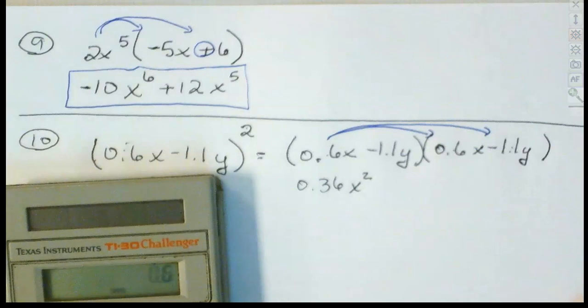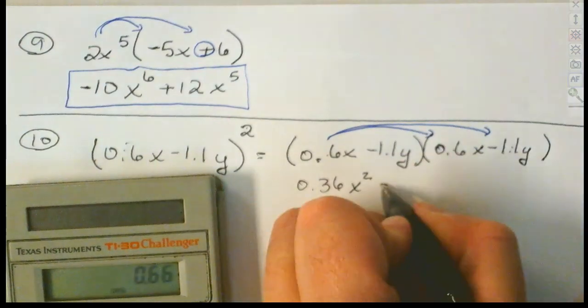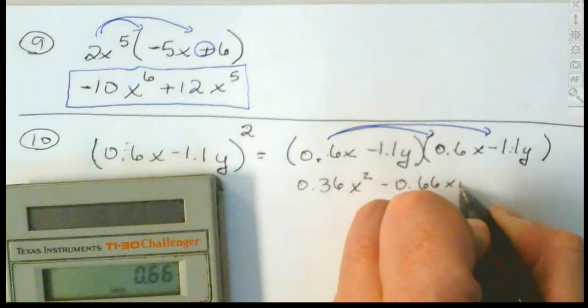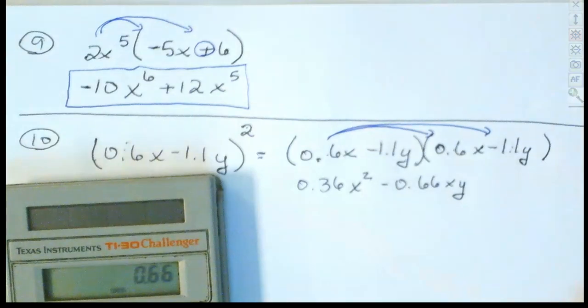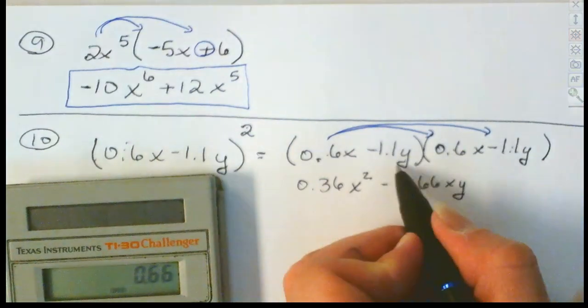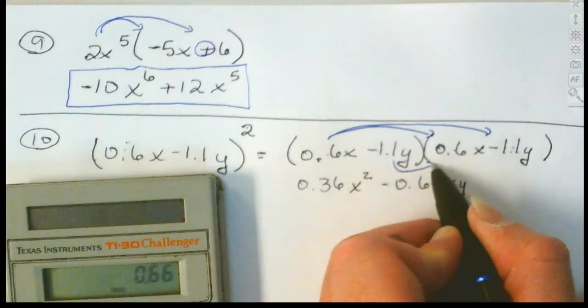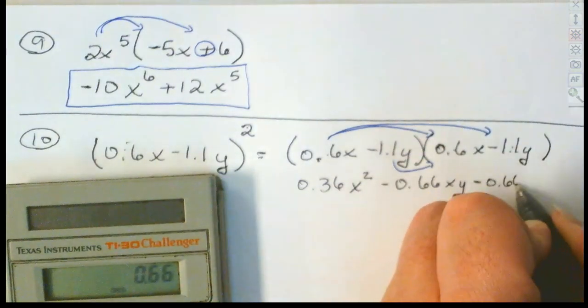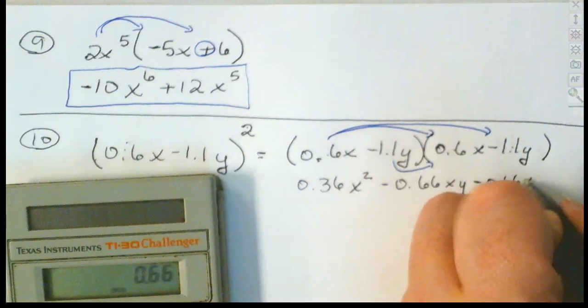So 0.6 times 1.1. We know our sign's negative. So that's a minus 0.66xy. Then we do the inside times the inside, which is another minus 0.66xy.